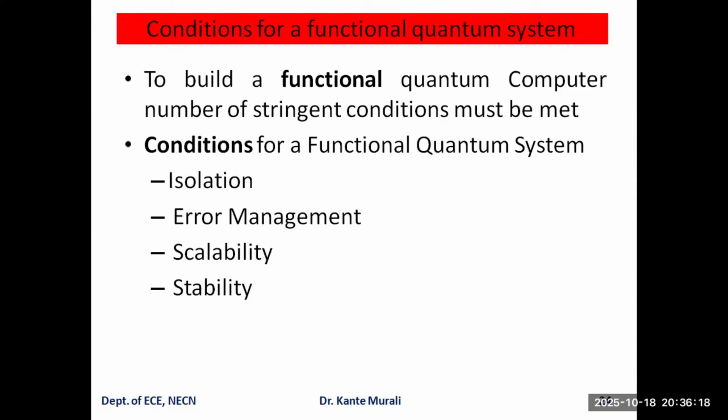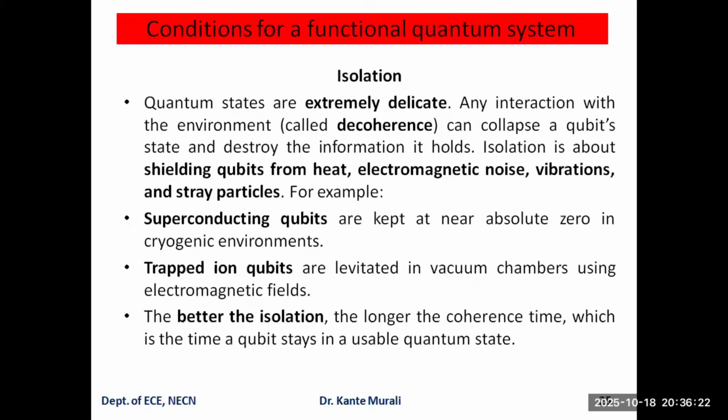Let's look at each of these conditions in detail. Now let's consider isolation. Isolation is the first and most fundamental requirement in quantum computers. Quantum states are extremely delicate, which means any unwanted interaction with the environment can collapse the qubit state. So we shield the qubits from heat, electromagnetic fields, vibrations, and even stray cosmic particles.